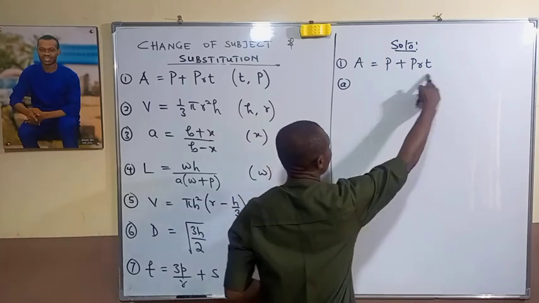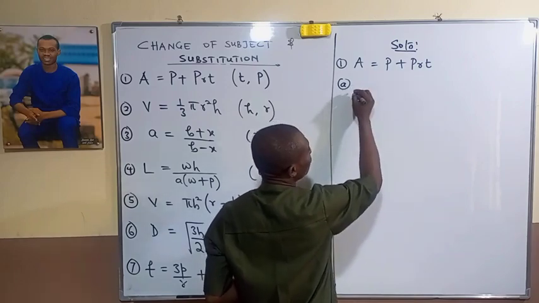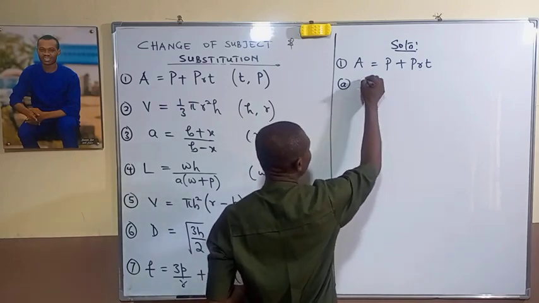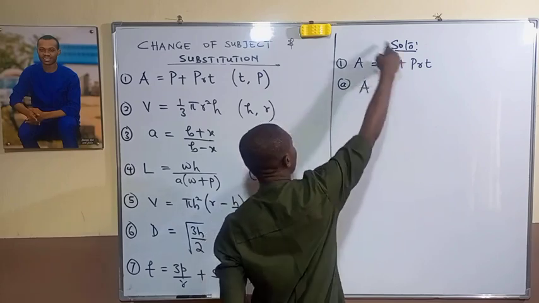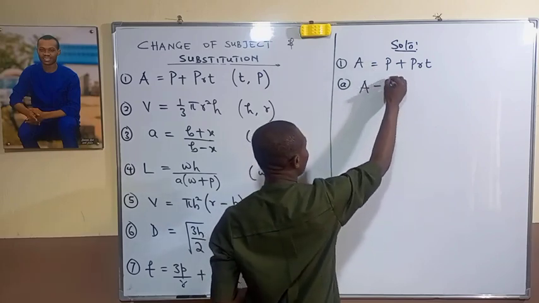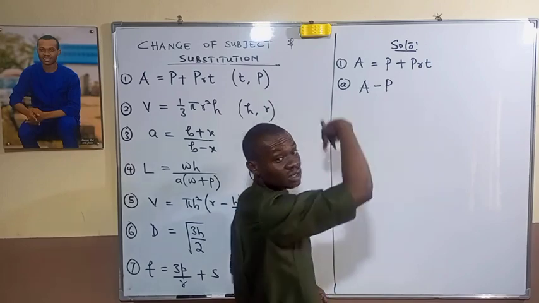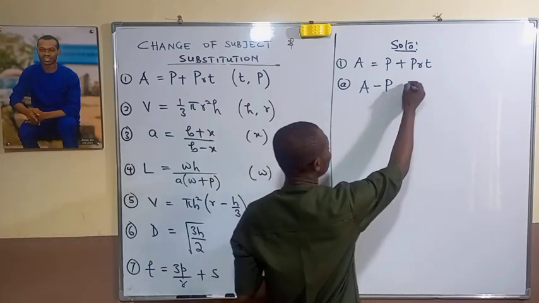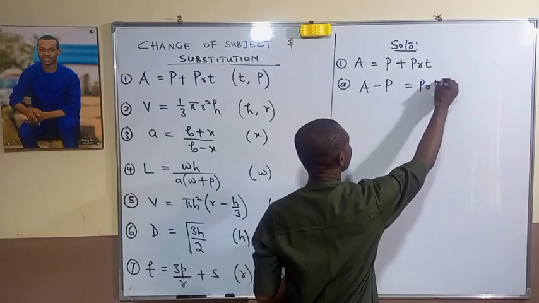So here, I'm going to allow my PRT to stand alone, and if I do that, I will take this P to this side. It's positive here, so when it crosses, it will be negative.